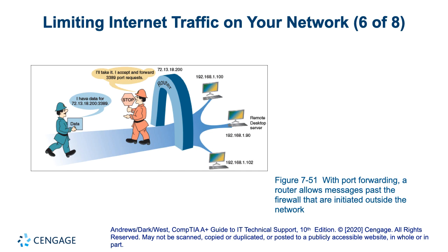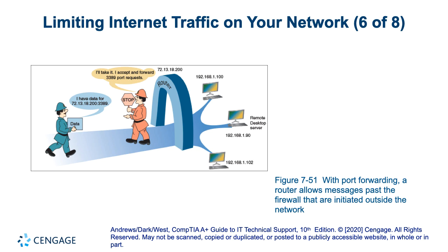All right, so that's the port forwarding, the packets coming in. It goes to the public address, 72.13.18.200, which is the router. The router has your public address, and then they're using the same ports, 3389 and 3389, which makes it easier and simpler to use the actual application ports and make them the same.